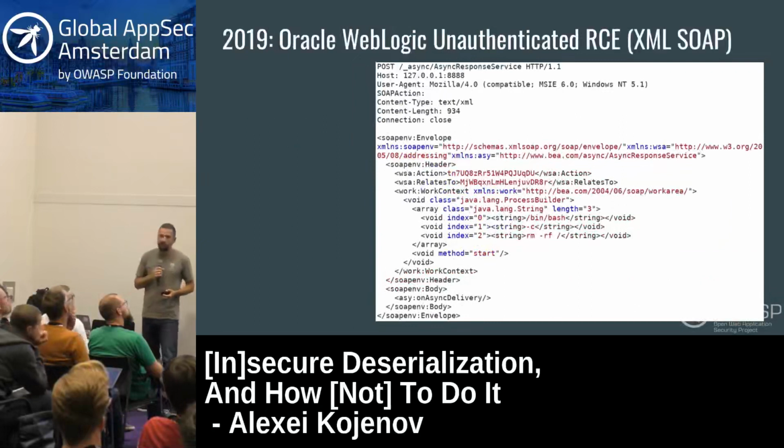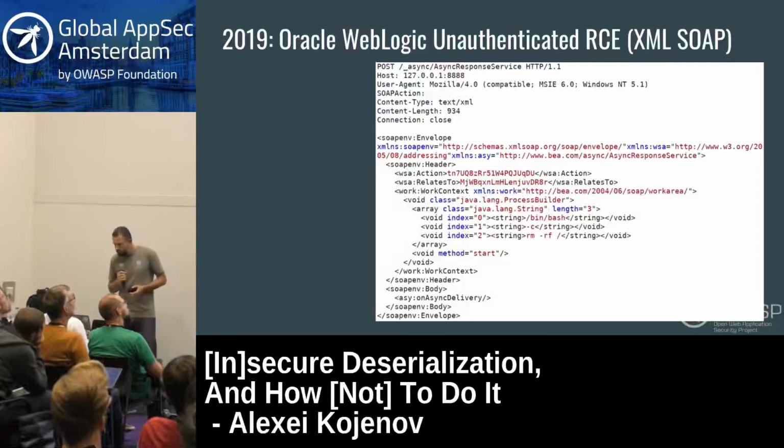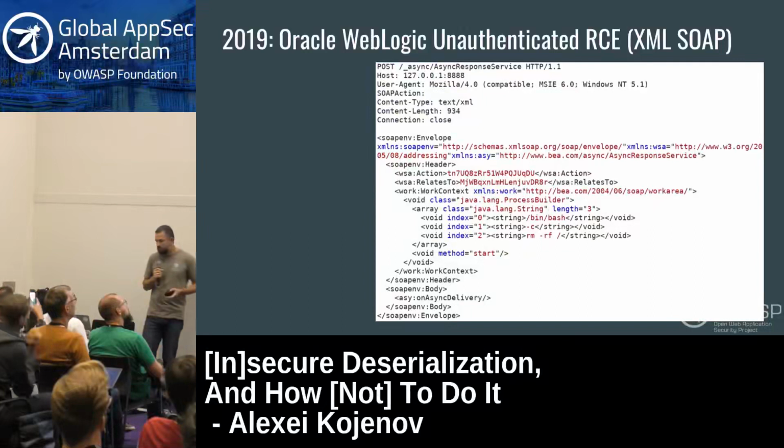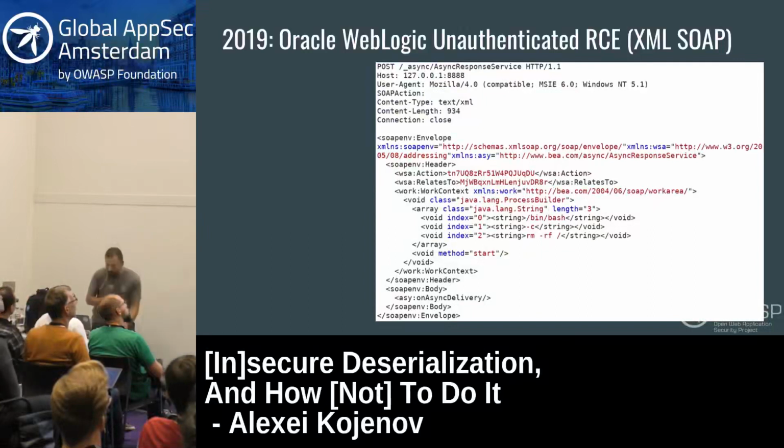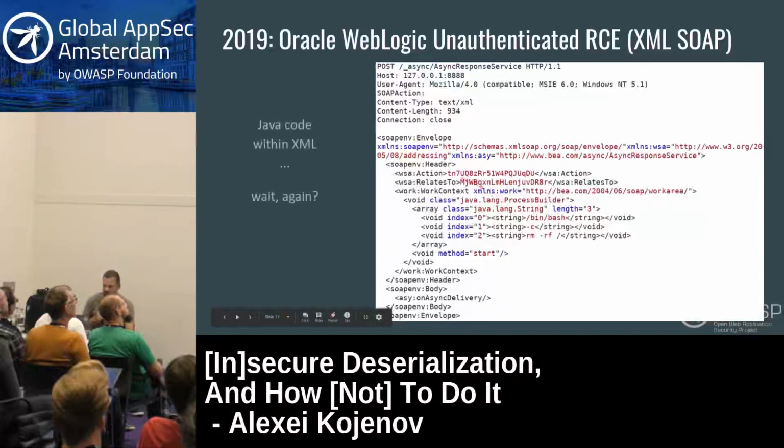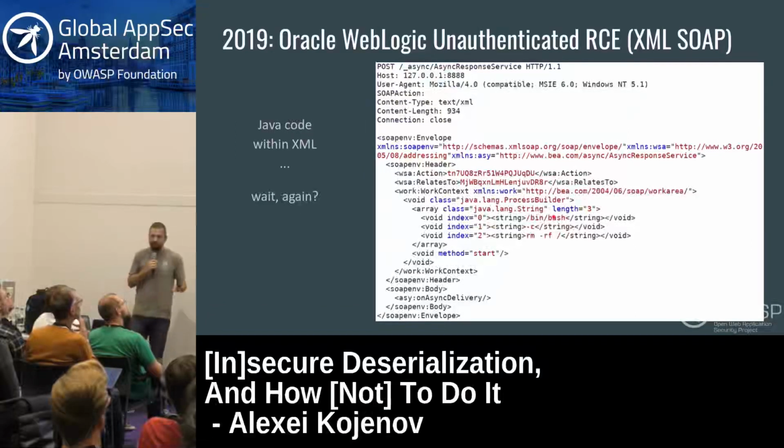The next one is pretty recent, in Oracle WebLogic. In this case, it's also an XML-based format and very similar to the previous one. We see process builder and a string with the bash call to remove all the files from the system. But we could run anything else.